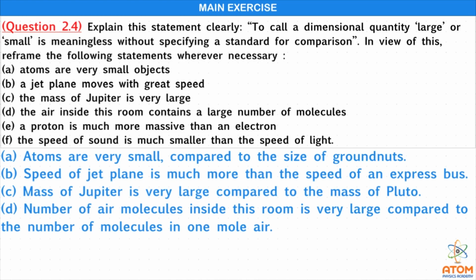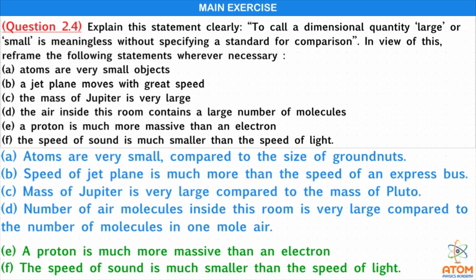The fourth statement we can put like number of air molecules inside this room is very large compared to the number of molecules in 1 mole of air. Here also we are putting a comparison that number of molecules inside this room is very large, but compared to what? Compared to the molecules inside 1 mole of air. In the last two statements, a comparison is already given, meaning a reference is already used to compare.